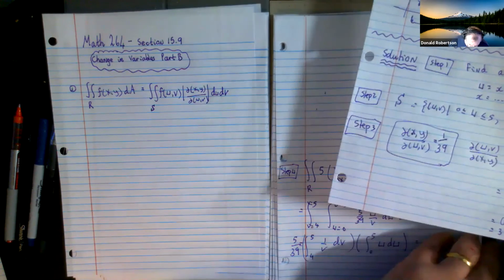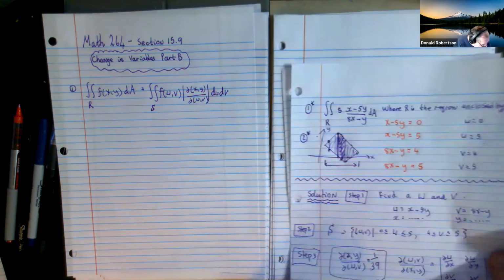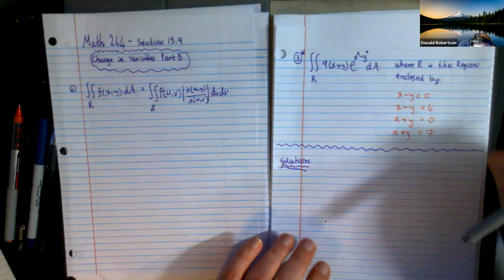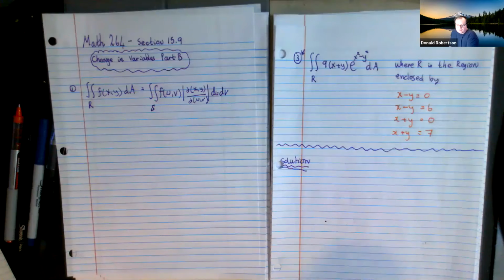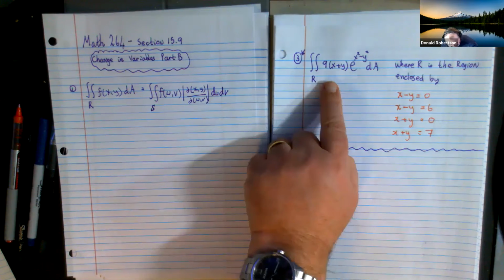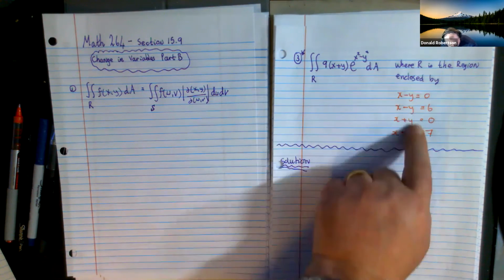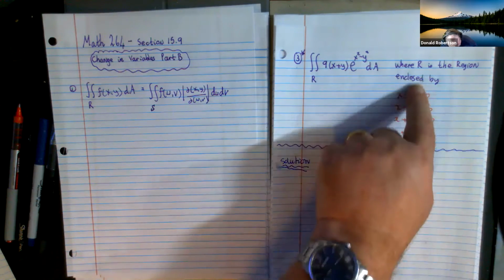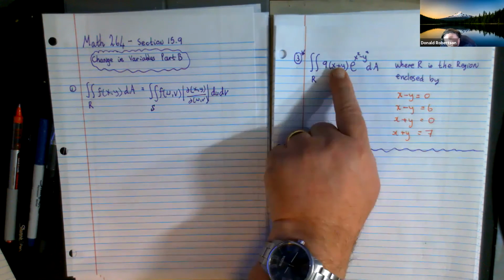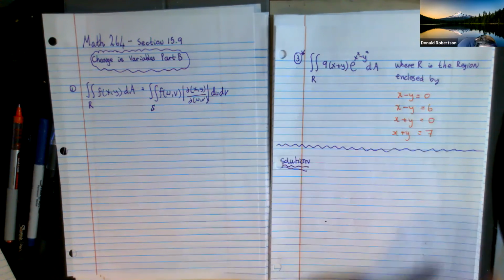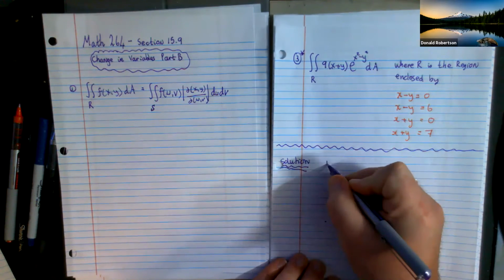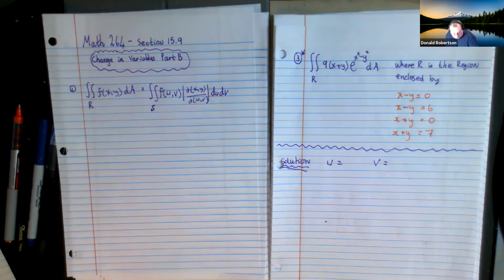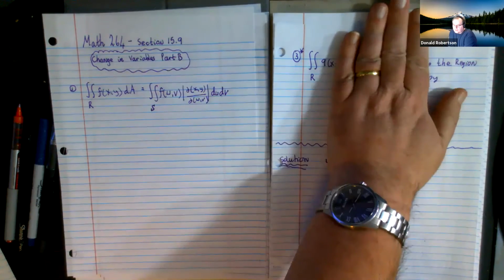So that's how question 1 and 2 are going to look. And this is a version of question 3. We're looking at this double integral, and this is the region. When I look at the region in particular, who would you pick as your u and your v based on what's in front of you here for question 3?